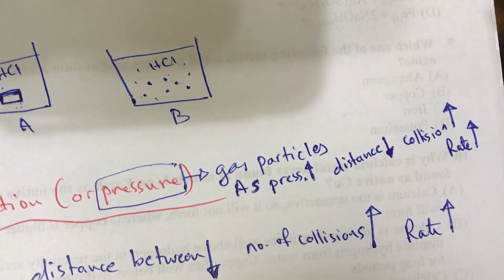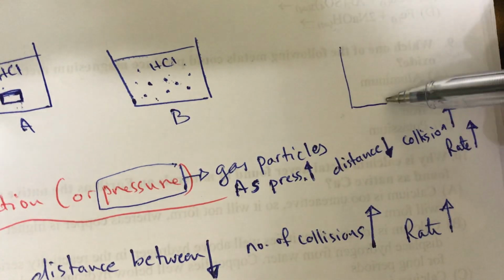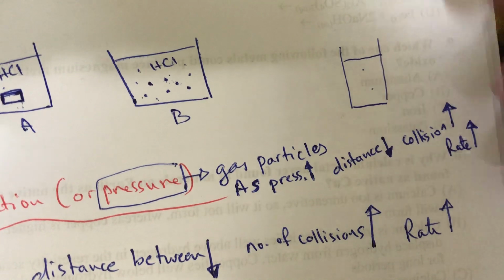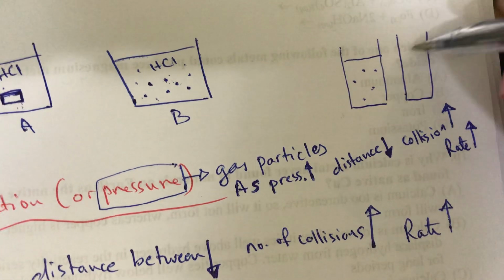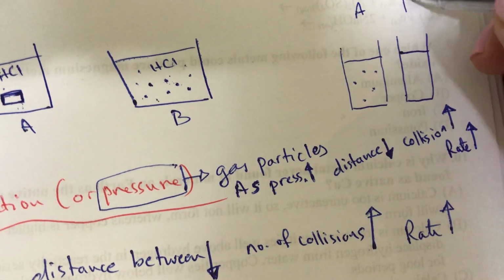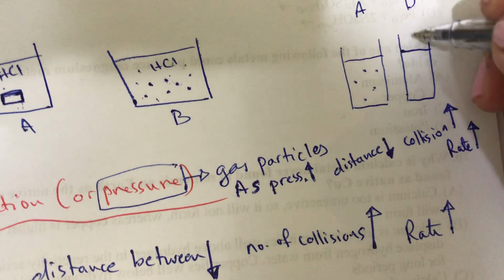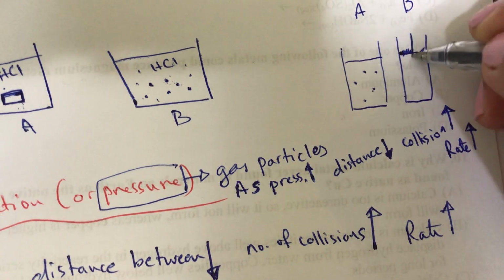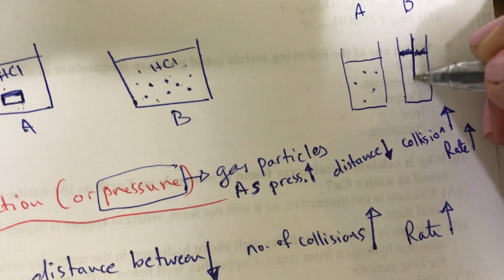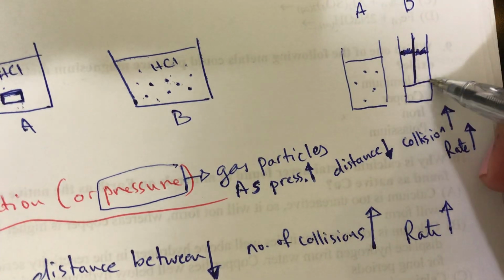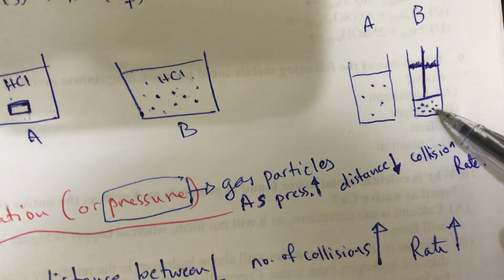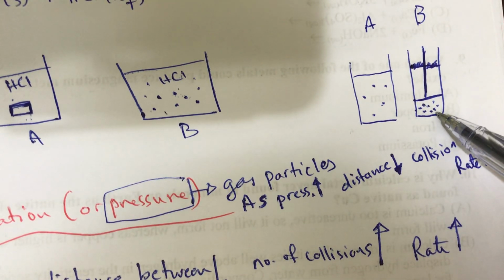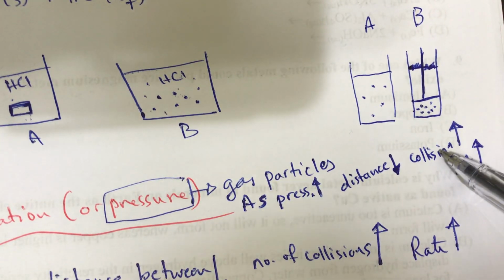So an example, if you have here gas particles in case A and here B, here you compressed the container, so in this case particles are closer to each other, so number of collisions between them increases, so the rate of reactions increases.